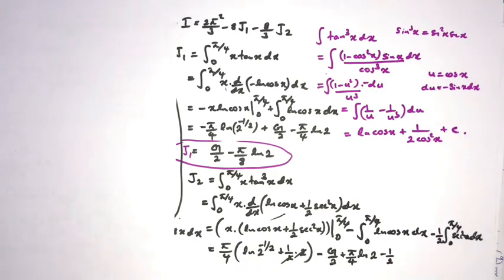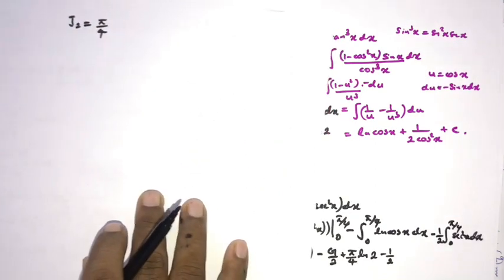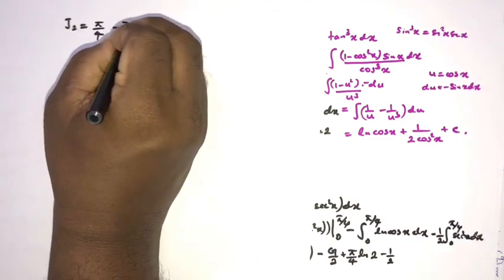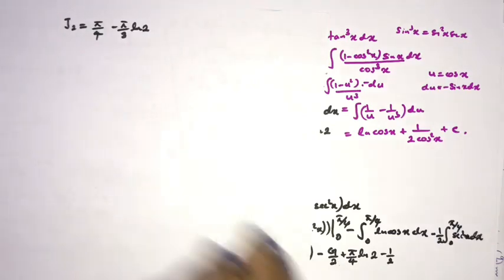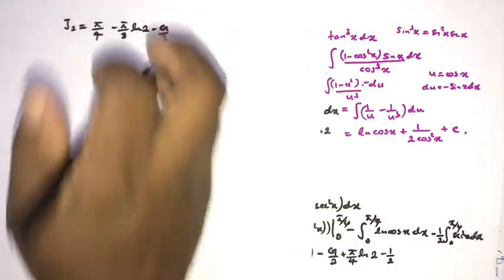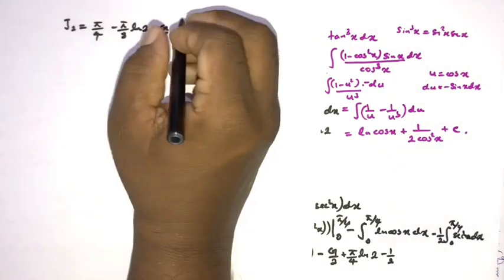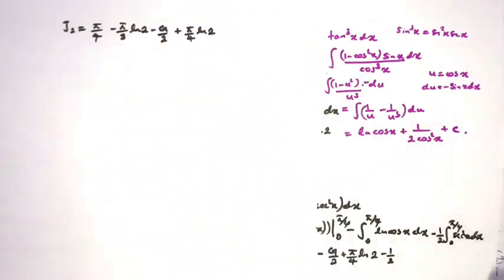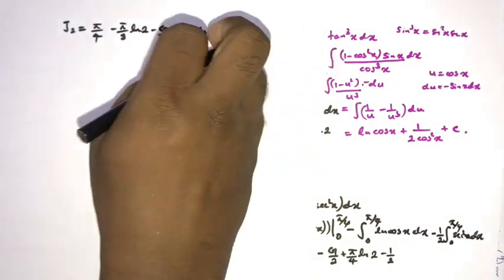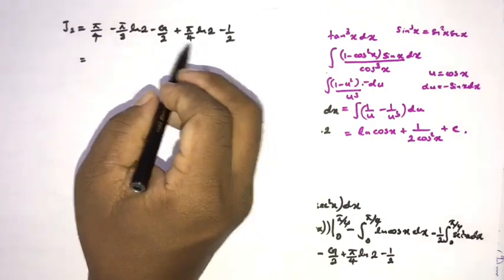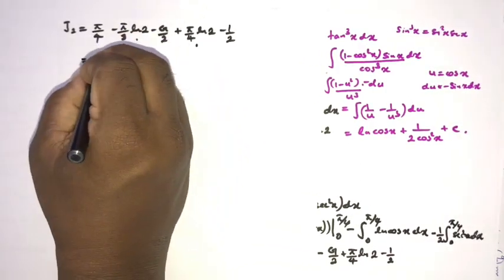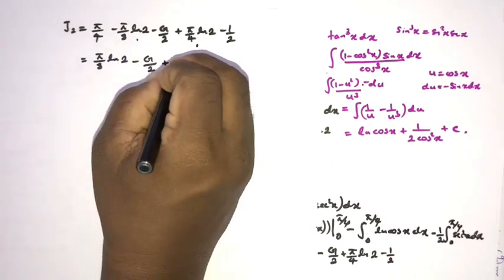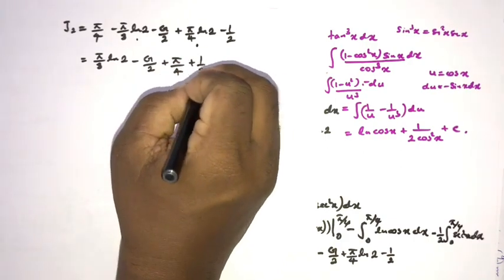So pi over 4 minus pi over 8 natural log of 2, then minus G over 2, then plus pi over 4 plus pi over 4 natural log of 2 minus 1/2. Then we can simplify this. So we have pi over 8 natural log of 2 minus G over 2 plus pi over 4 plus 1/2.